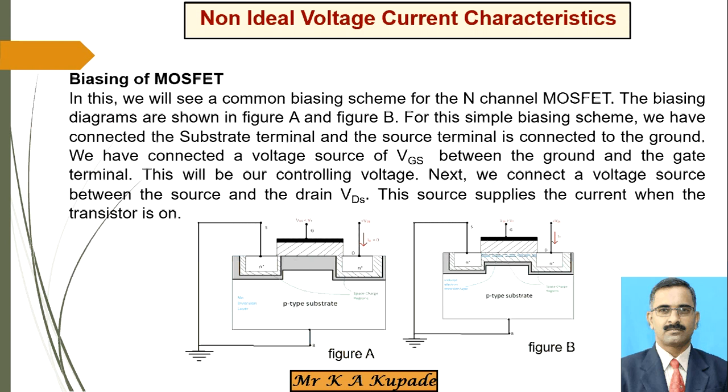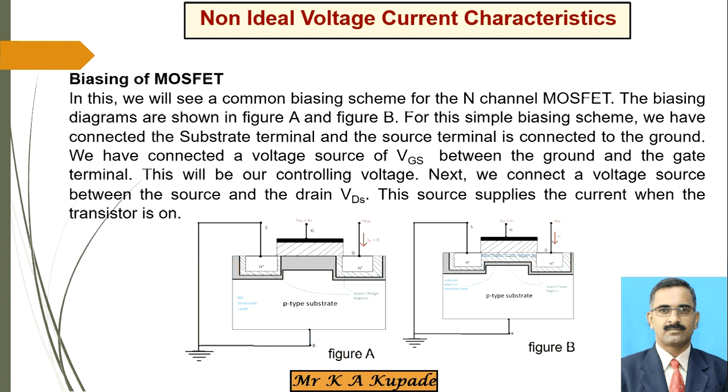Now the biasing of this MOSFET we also saw, and how the biasing happens. Here two figures are shown. In figure A, the MOSFET is connected with the substrate and source grounded, and the gate voltage is less than the threshold voltage.